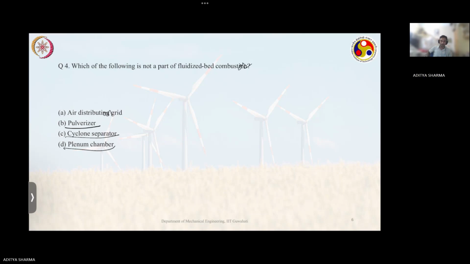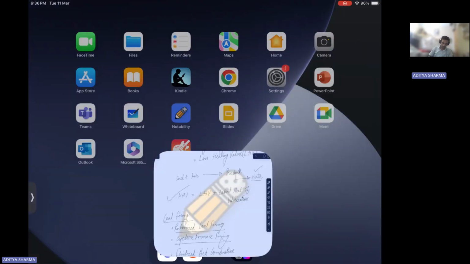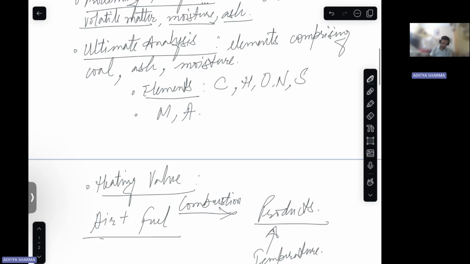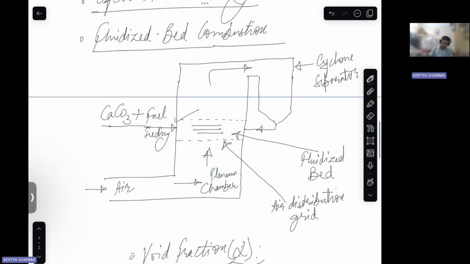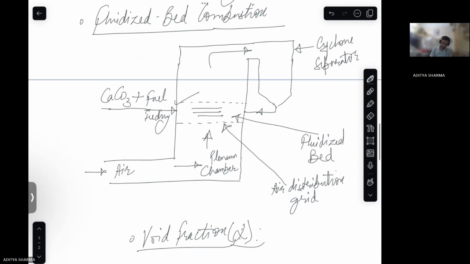That unburnt fuel is then again redirected, so if you see the directions here, see this direction. From your cyclone separator, the unburnt fuel is again redirected to your bed. Your bed is marked between the dotted lines.